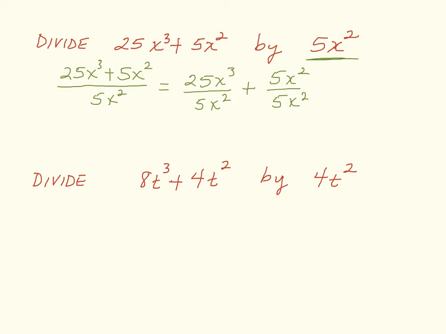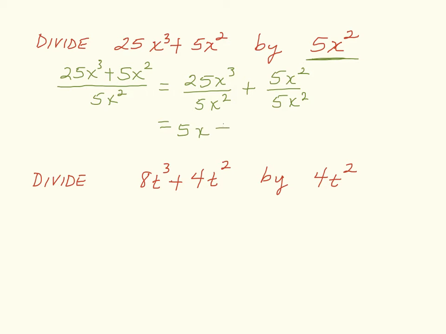Okay? Now we're going to use the rules that we have learned about dividing exponents. So let's look at it. 25x to the third over 5x squared. 25 divided by 5 is 5. X to the third divided by x squared is x.